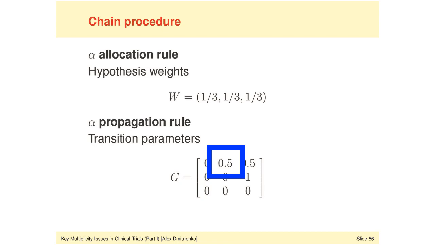This element is equal to 0.5, and that means that after the first hypothesis in this multiplicity problem is rejected, and it's the first hypothesis because we're looking at the first row in this matrix, then half of the significance level used in that test will be allocated to the second hypothesis because we're looking at the second column here, and the remaining 1/2 will be allocated to the third hypothesis in this multiplicity problem.